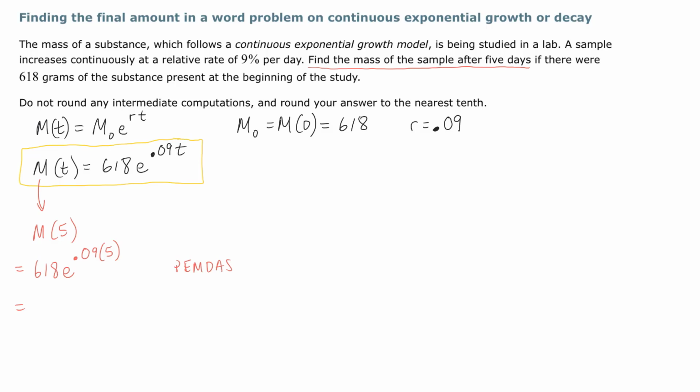You should get this number, 969 decimal 2169306 dot dot dot. It says round to the nearest tenth, so we look at the hundredths place. It's a 1. 1 is less than 5, so we're going to round this down to 969 decimal 2.